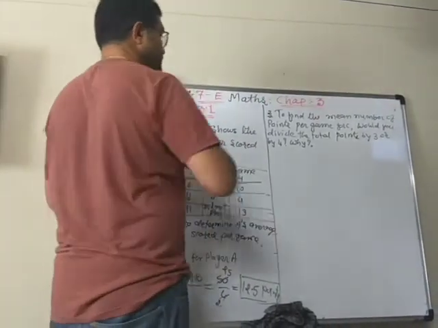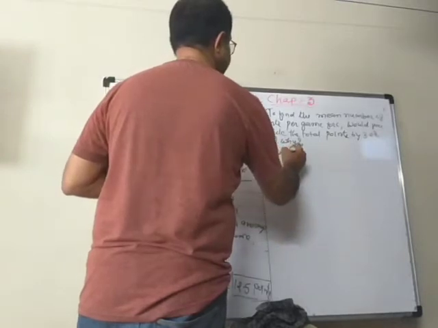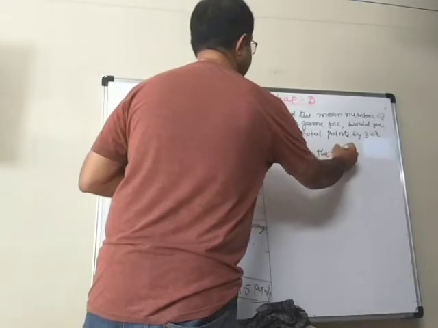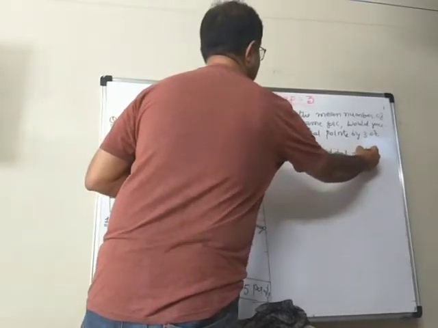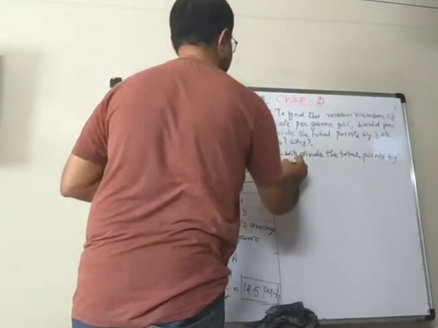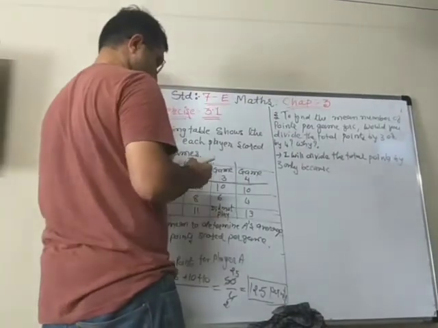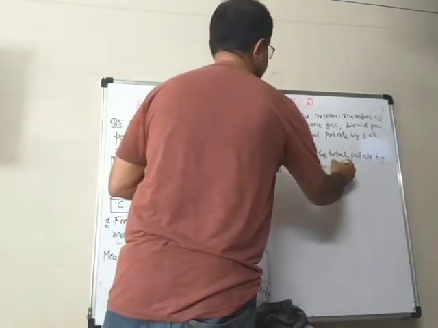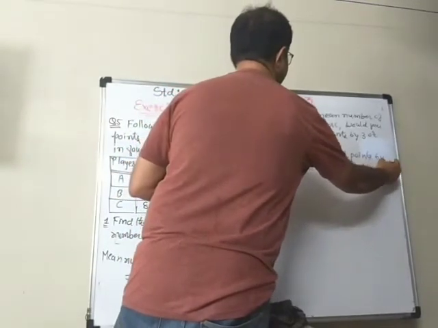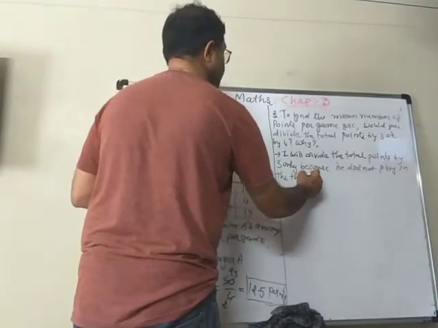So the answer will be: I will divide the total points by 3 only, because he did not play in the third game.